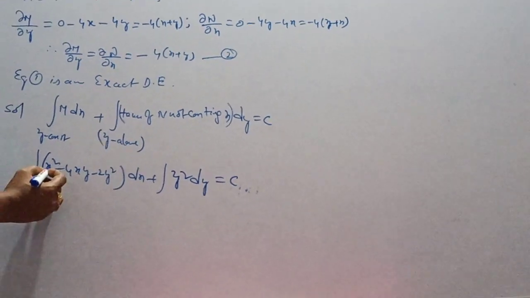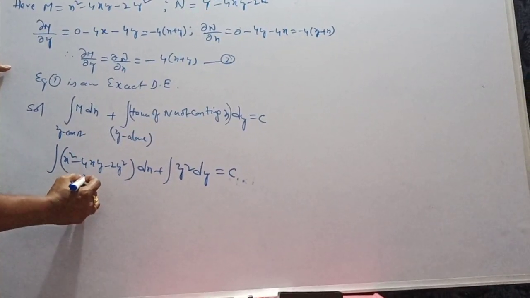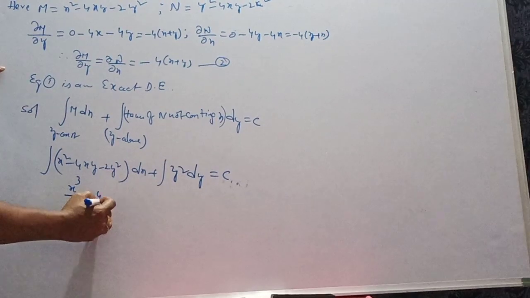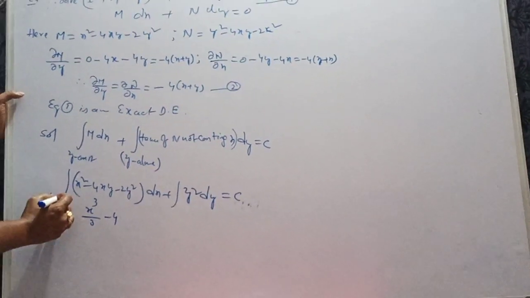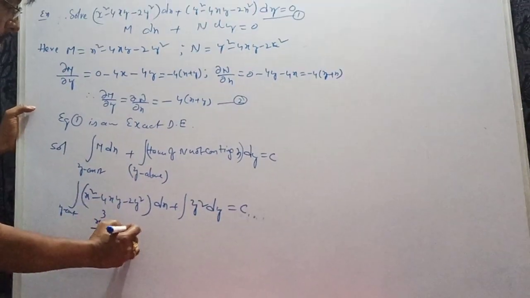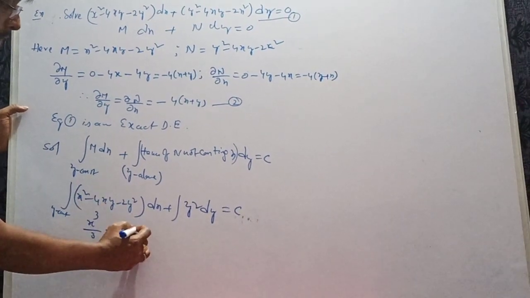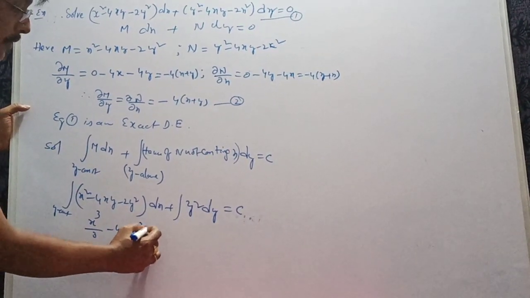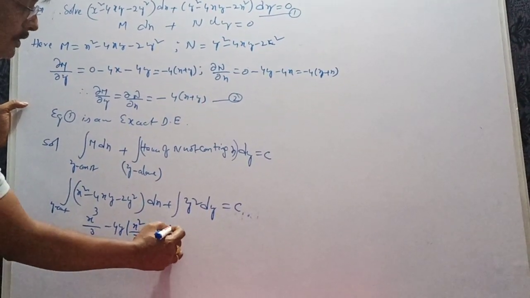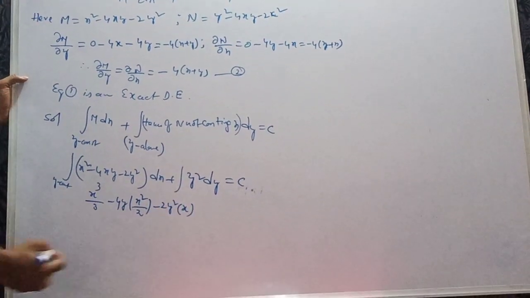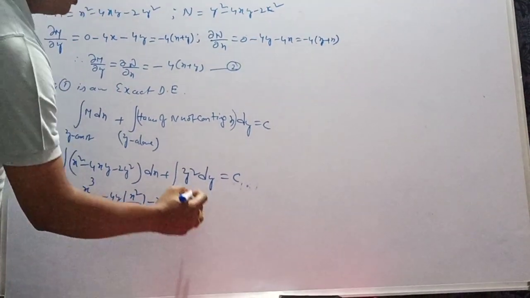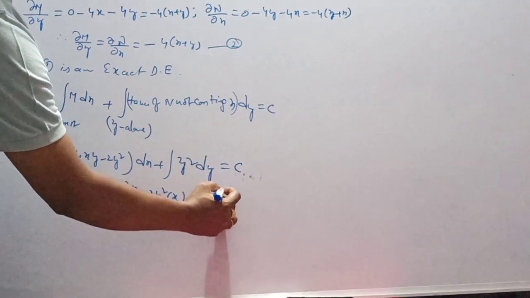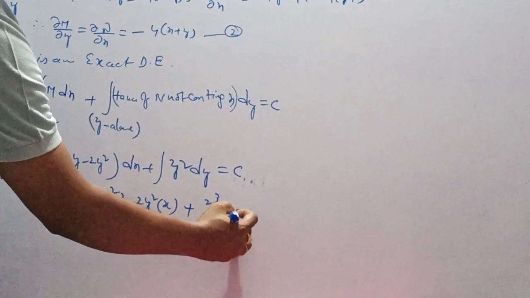Clear. So the integral of x² is x³/3, minus 4y constant times the integral of x, which is x²/2, minus 2y² constant times the integral of 1, which is x, plus the integral of y², which is y³/3, equal to c.